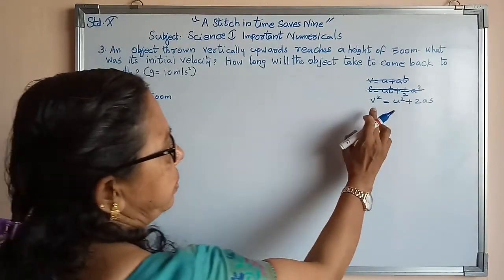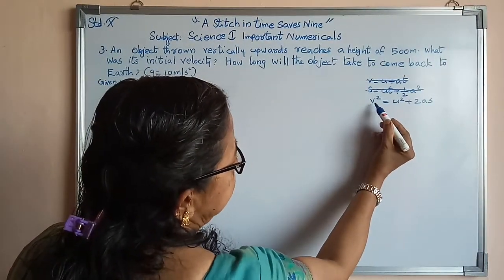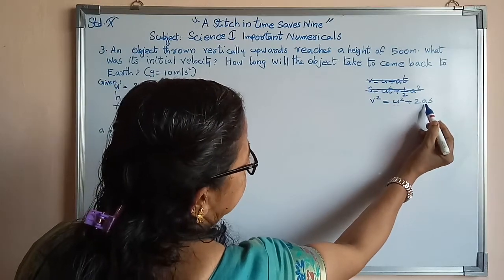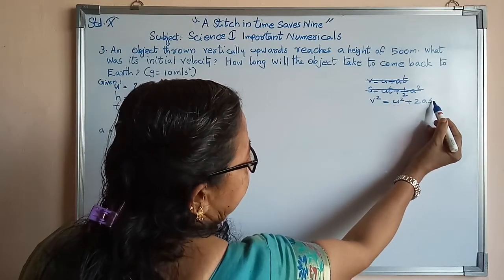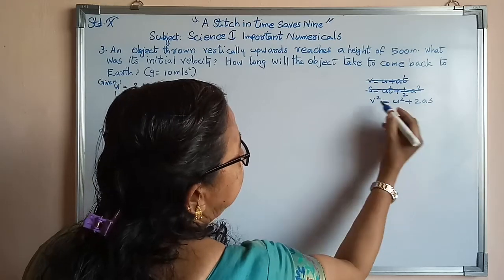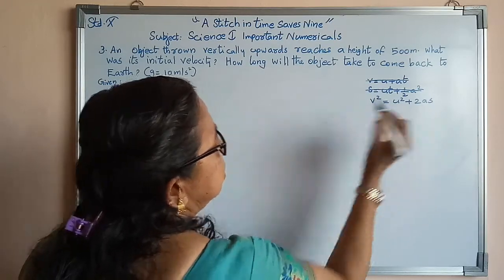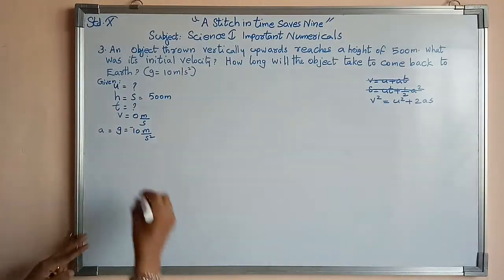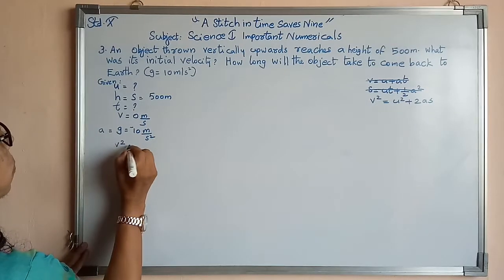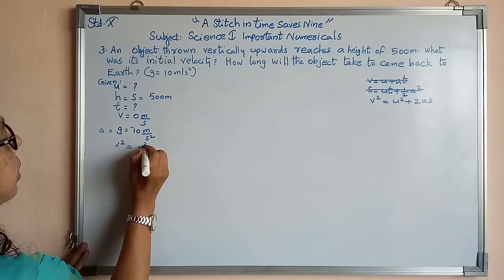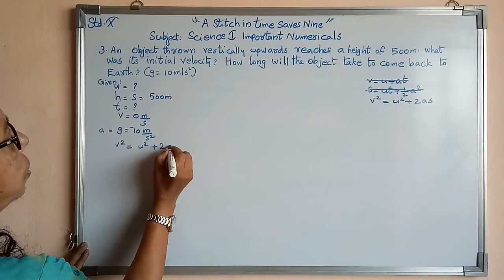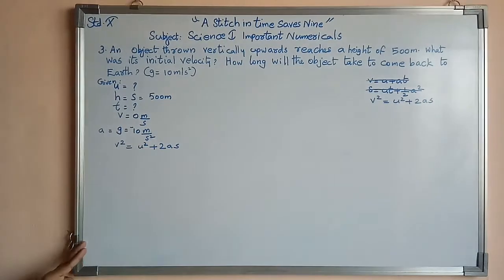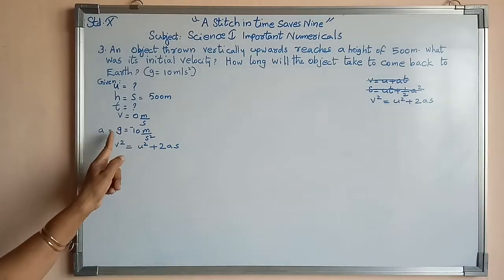Now in this case you see, we have v with us, u we need to find out, a means g we are having, s that is height we are having. So we can apply this formula here, that is v square is equal to u square plus 2as. Now 2as, that means 2gs.